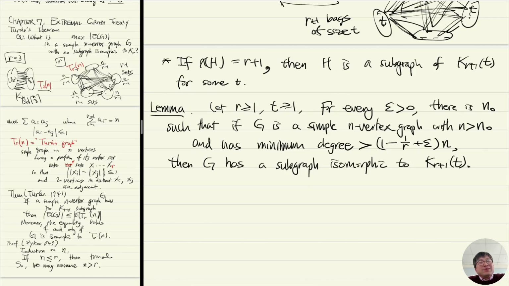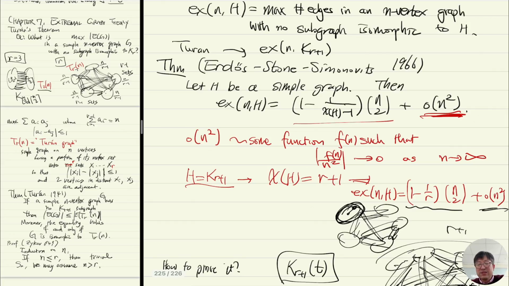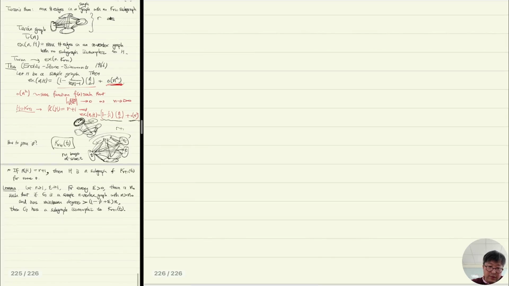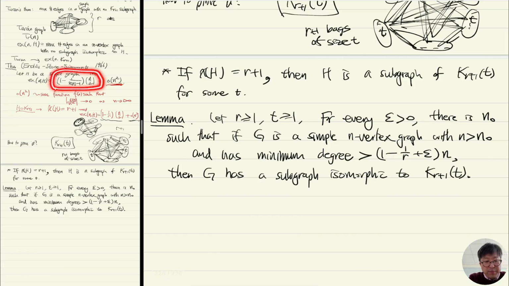So that's the first lemma we're going to prove. So r and t are constant, and for any epsilon we want to find a big number n0 such that whenever a graph has more than that number of vertices and has a minimum degree bigger than what we need, as the Erdős–Stone–Simonovits theorem says, the minimum degree we need is something like 1 minus 1 over r, and we want it to be slightly bigger, so (1 minus 1 over r plus epsilon) times n.